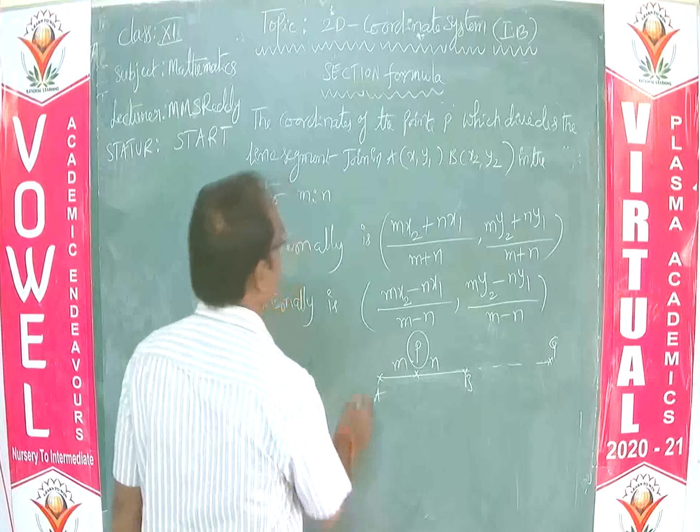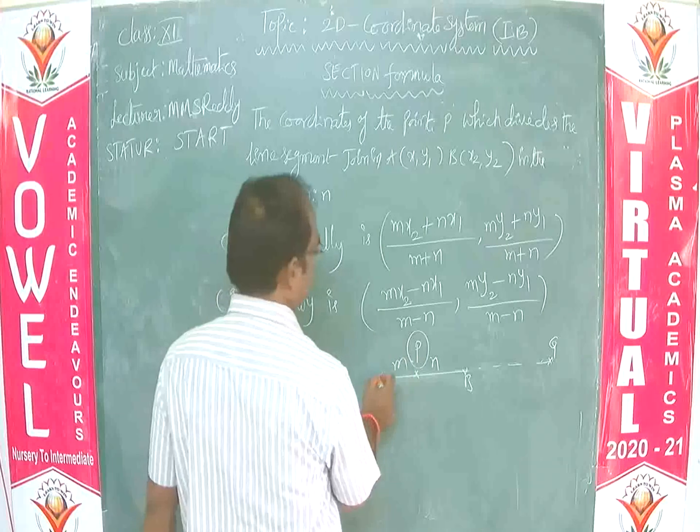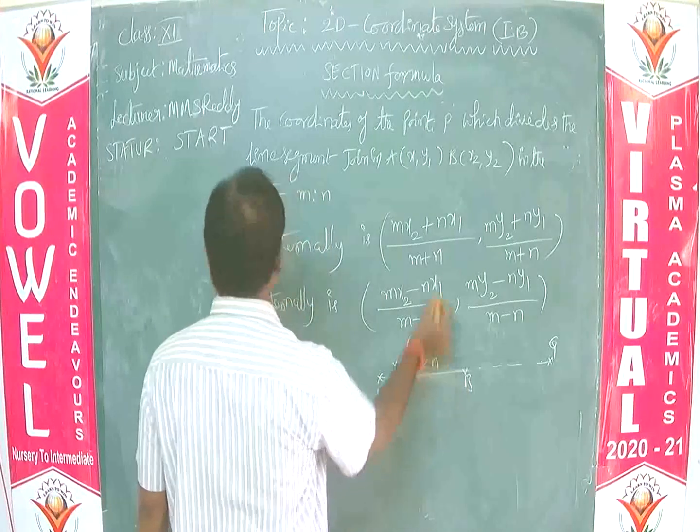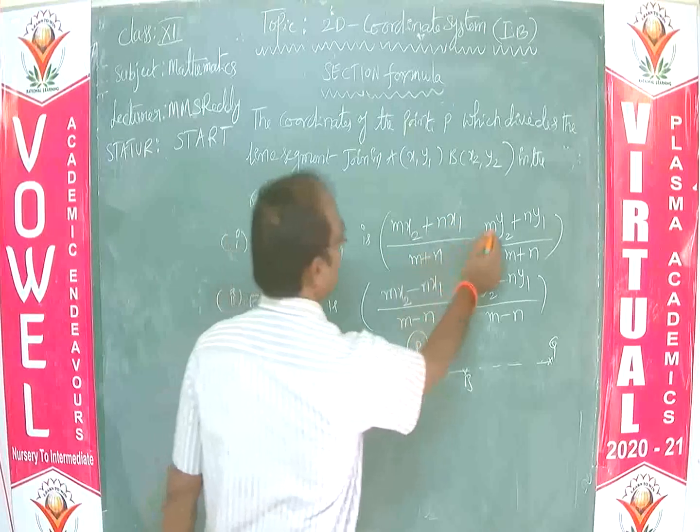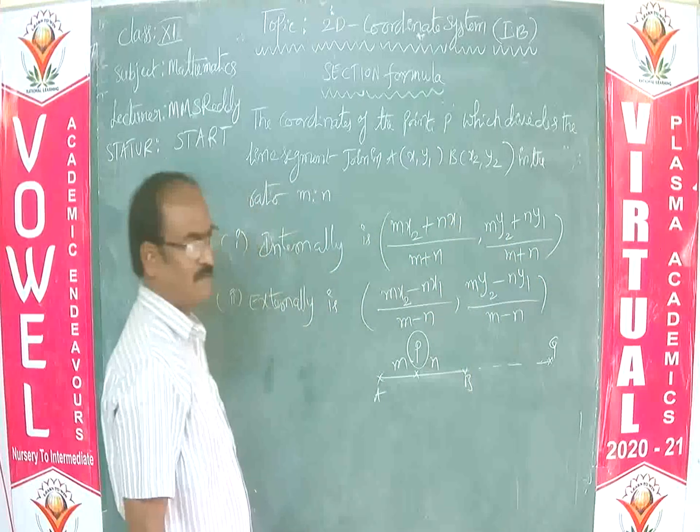So in this case, if the point P divides line segment AB in the ratio m is to n, then the coordinates of the point P are (mx2 plus nx1 by m plus n, my2 plus ny1 by m plus n).